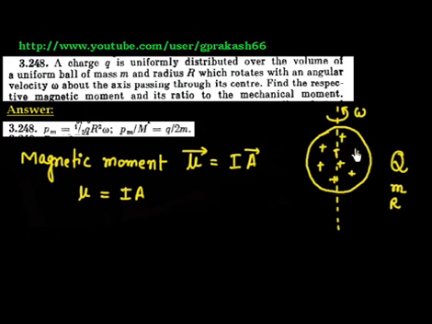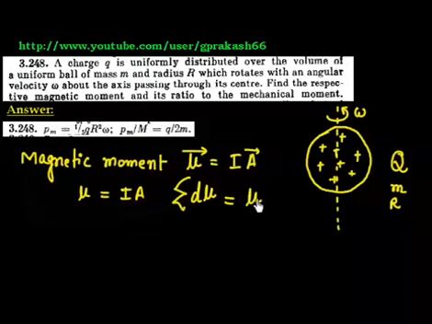So we will take a disk here, and due to this disk, dipole moment in this direction, another disk, dipole moment in this direction, another disk, dipole moment in this direction. So these all have the same area vector, so they can be simply added. This means now I can find d mu, and they all are in the same direction. So if I add all these d mu's, I will have mu, that is dipole moment. So this is my idea.